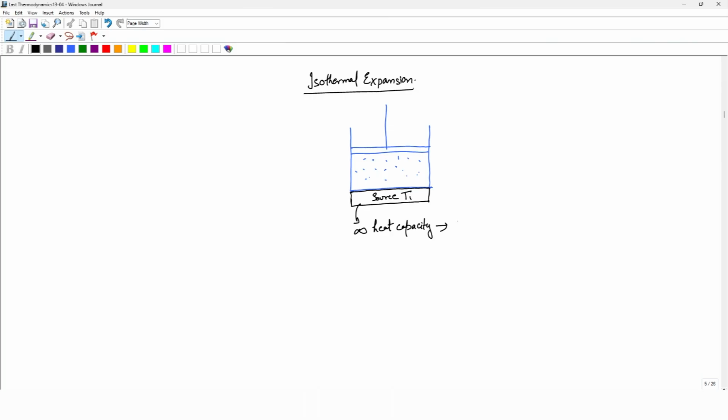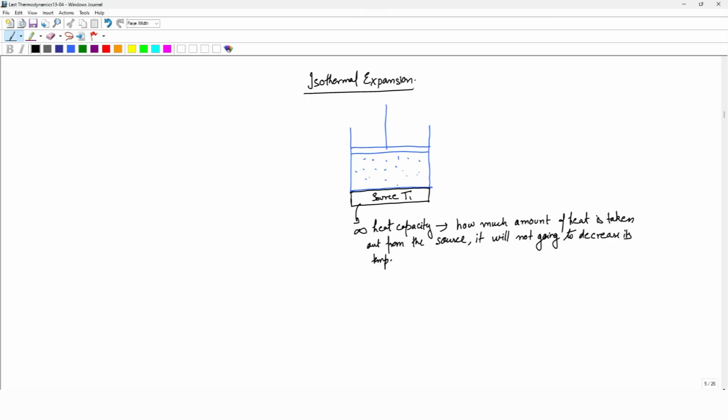That means no matter how much heat is taken out from the source, it is not going to decrease its temperature. No matter how much heat is taken out from the source, it will not affect its temperature, and that is what we mean by infinite heat capacity.